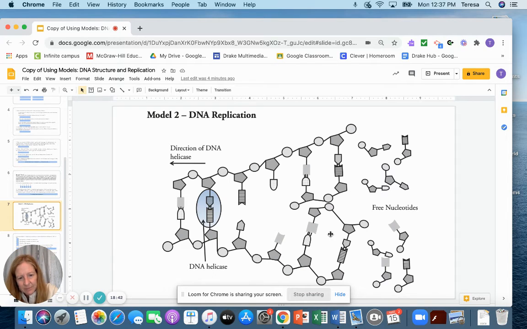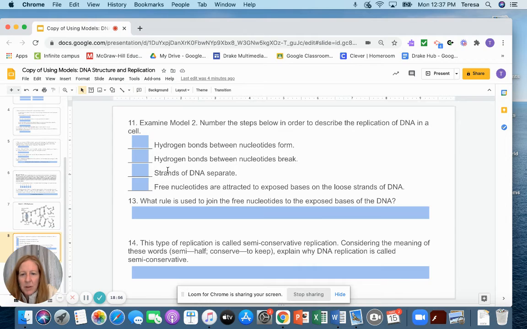And like we see in the 2 bases that are on the far right, the complementary bases will then pair with this unpaired nucleotide. Okay, so step number 3, free nucleotides are attracted. And then step number 4, hydrogen bonds are going to form between those nucleotides.